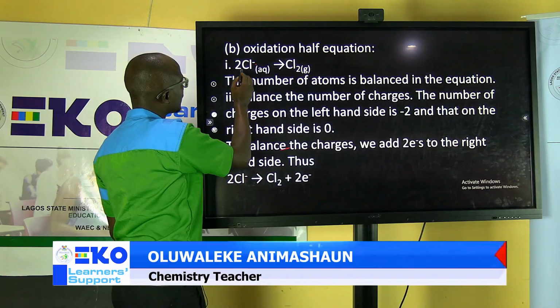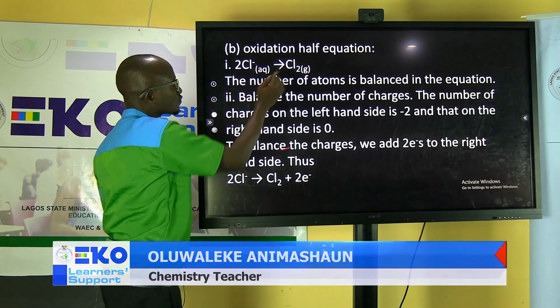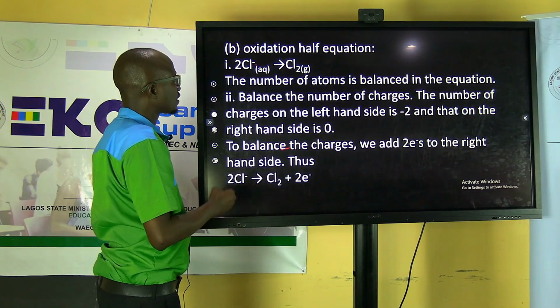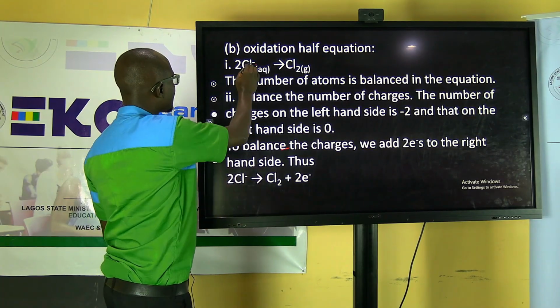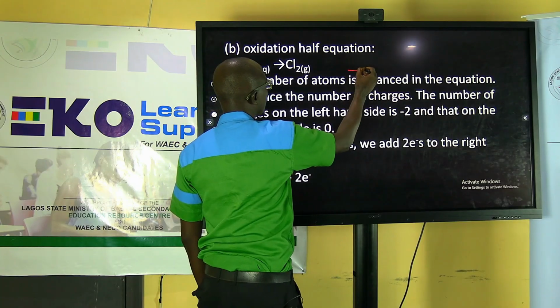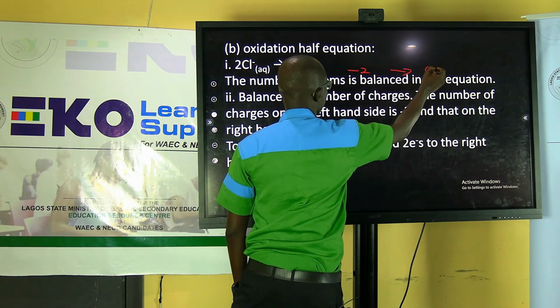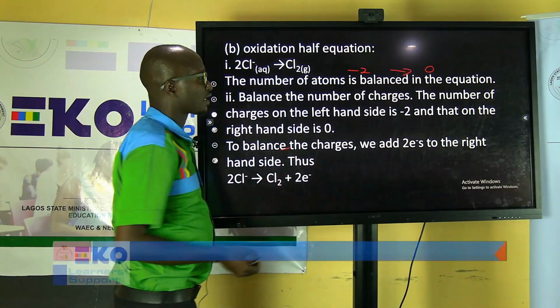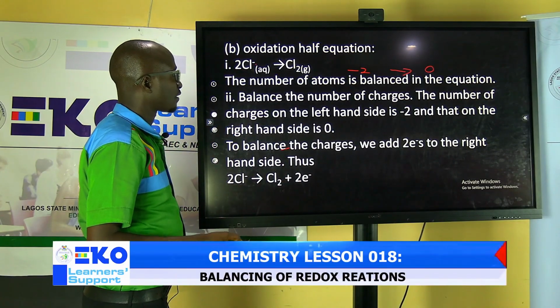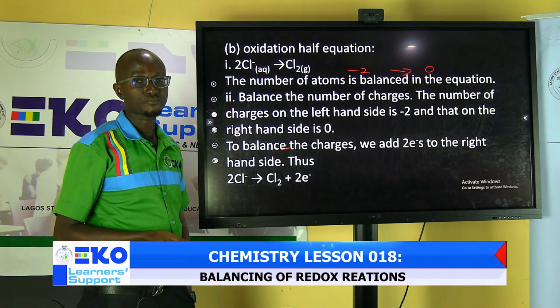Now, if you look at it very well, the atoms are balanced. We have 2 chlorine here, we have 2 chlorine here. So it is balanced atom-wise. Charge-wise, we have -2 total here, and the other side, we have 0. So how do we balance it? From -2 to 0, it's oxidation.